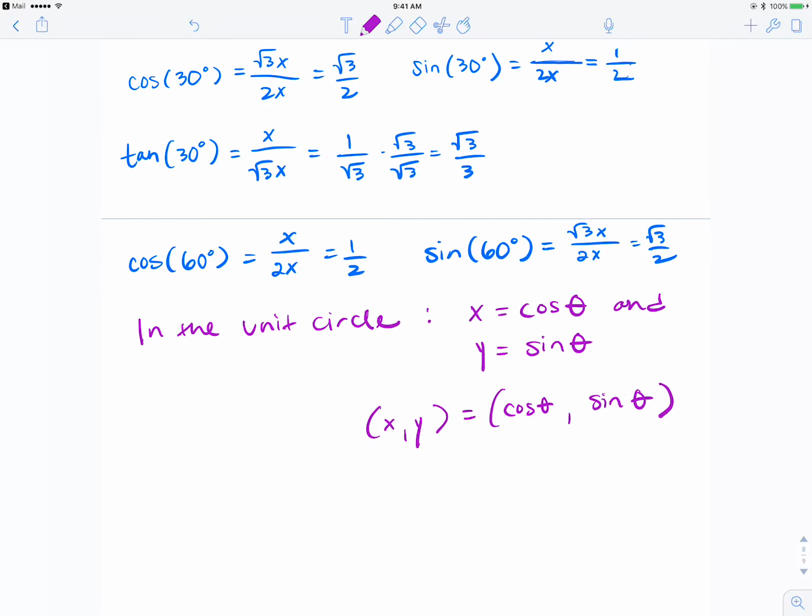So if I wanted to know, you guys look at your unit circle and tell me what is cosine of 225 degrees? Negative root 2 over 2.